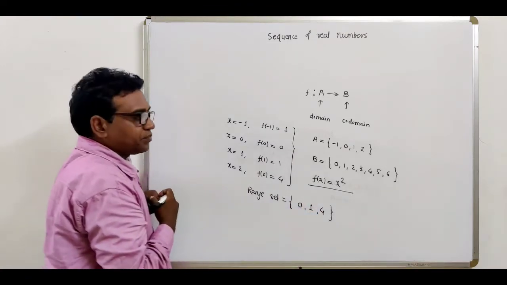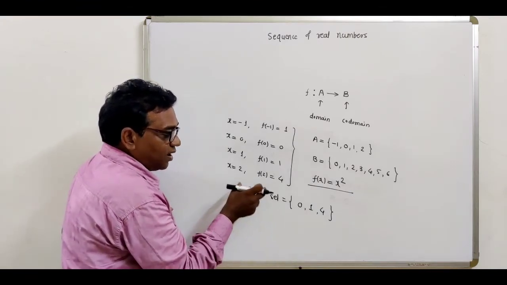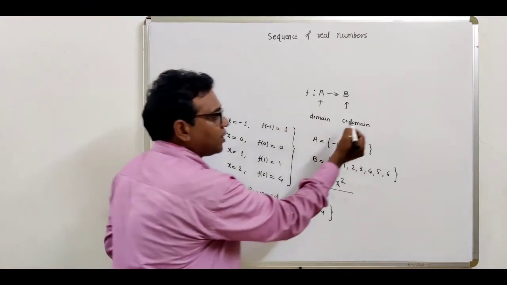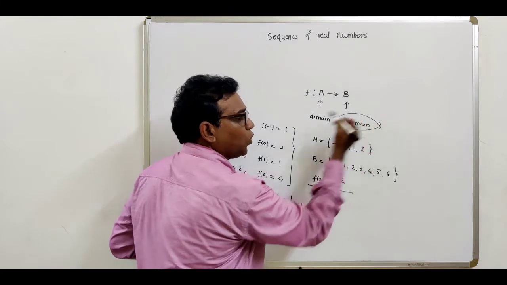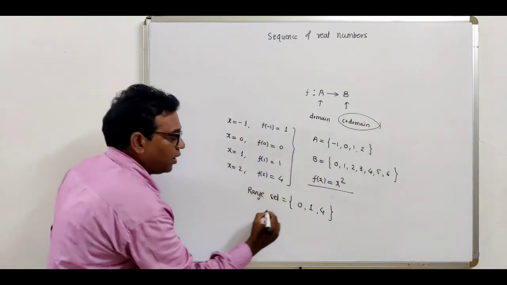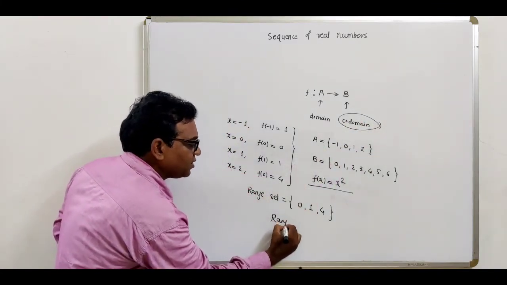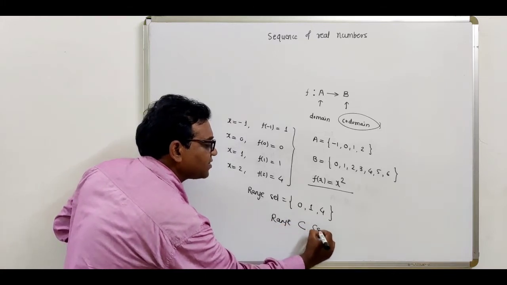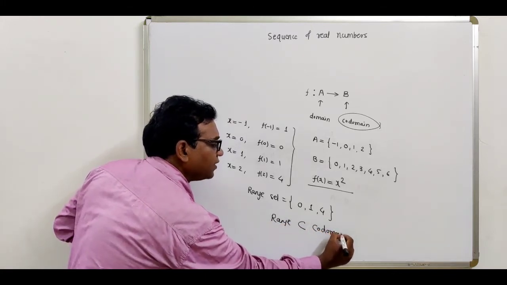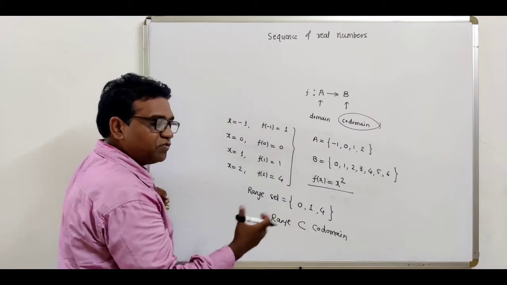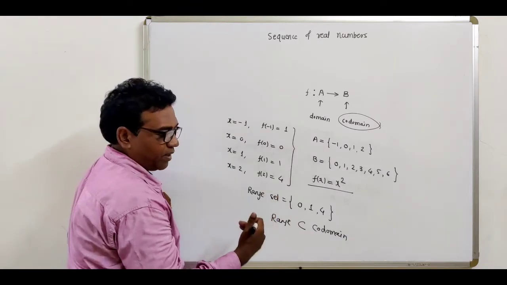Now see, this range set is different from the codomain. Range is a subset of codomain. There is a difference between the range set and codomain.